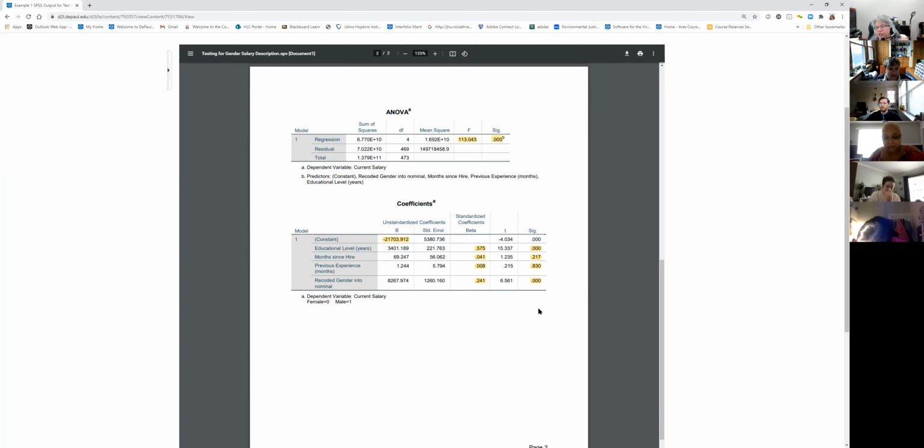So let's write a sentence interpreting those results. In comparing people, remember, because people were our unit of analysis, so that's in every sentence pretty much. The months since hire has no statistical impact on current salary. (Standardized beta equals 0.041, sig equals 0.217.)